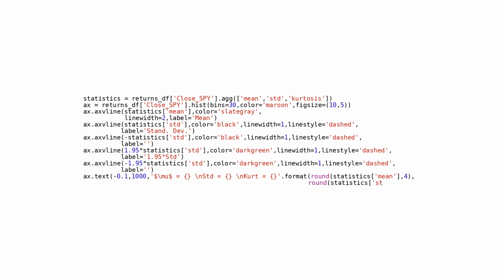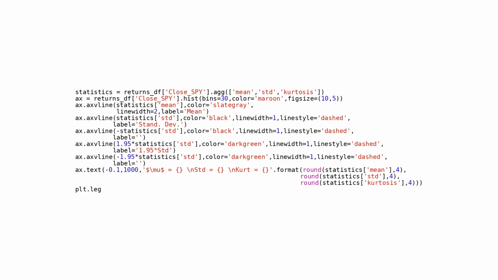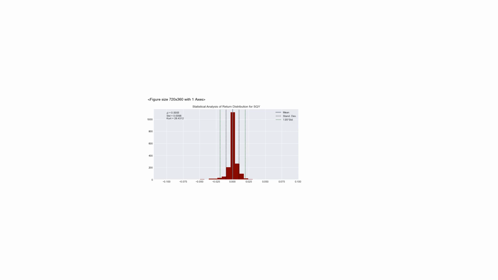This visual representation helps illustrate the distribution of returns. Afterward, text is included in the plot to display the mean, standard deviation, and kurtosis that have been calculated. The plot visually shows how the statistical analysis was done on the returns distribution of the stock, represented by close_SPY.